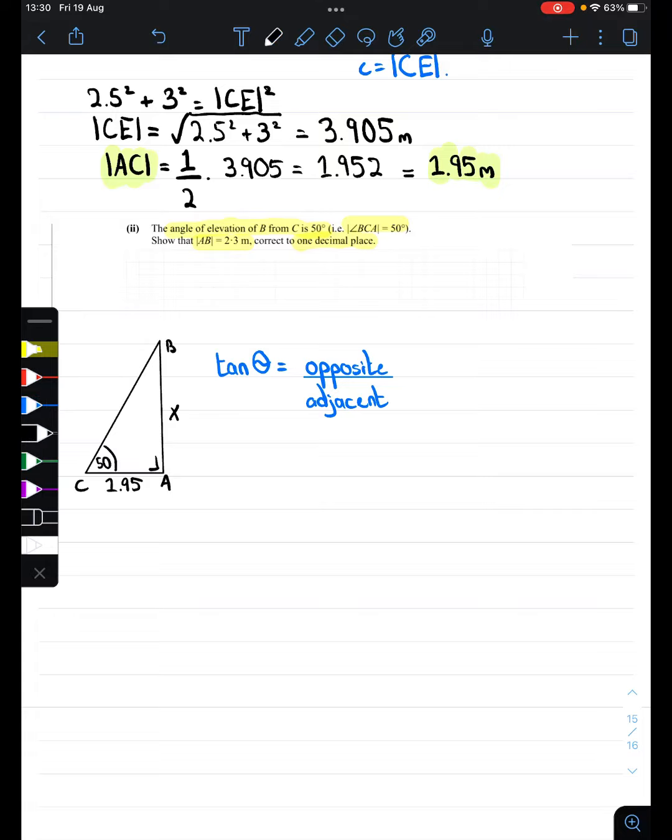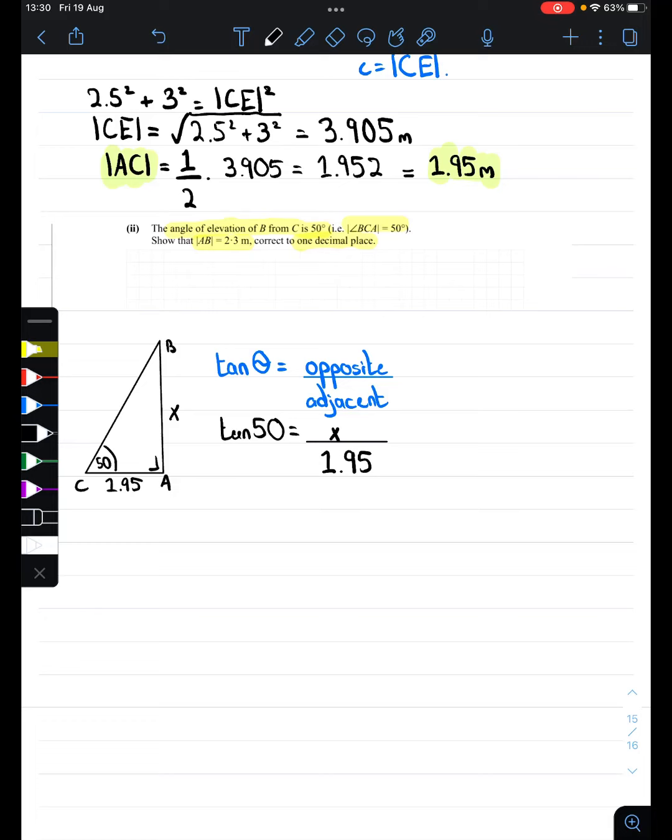So tan of 50 is equal to the side opposite that angle, which is just x, over the side adjacent to that angle, which is 1.95.